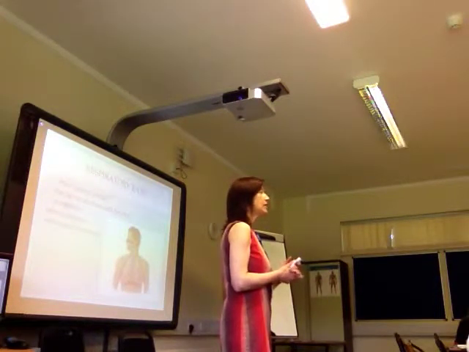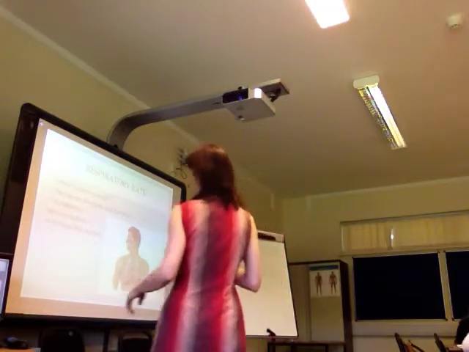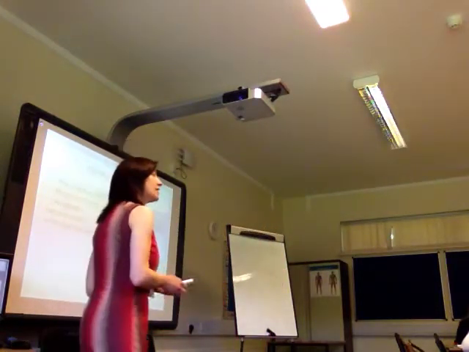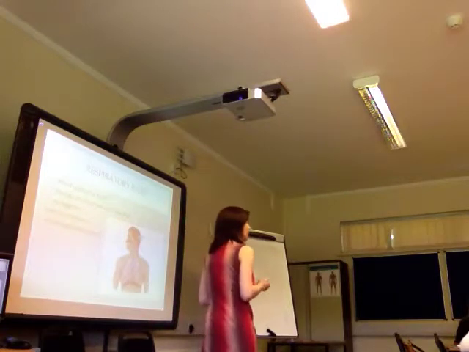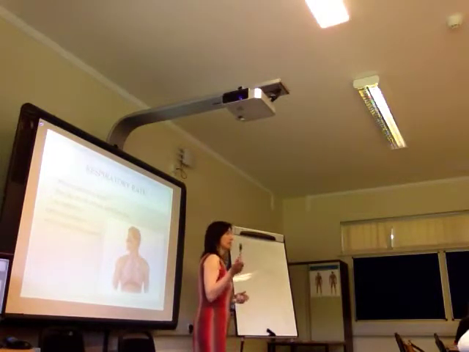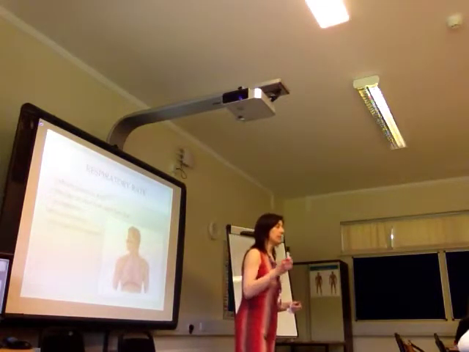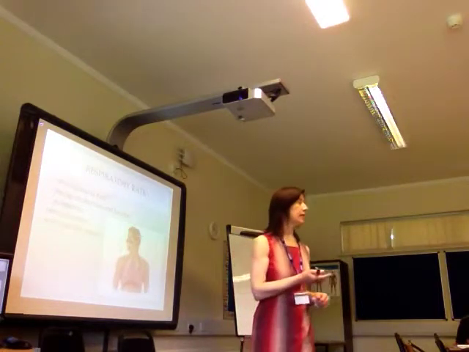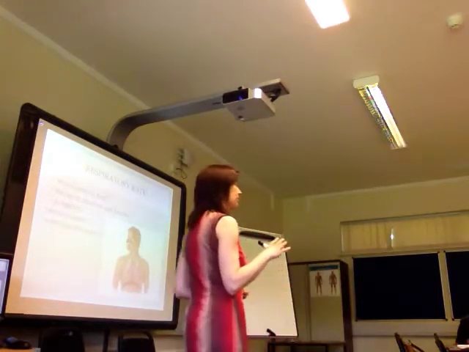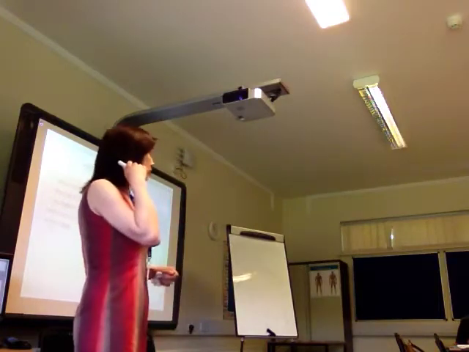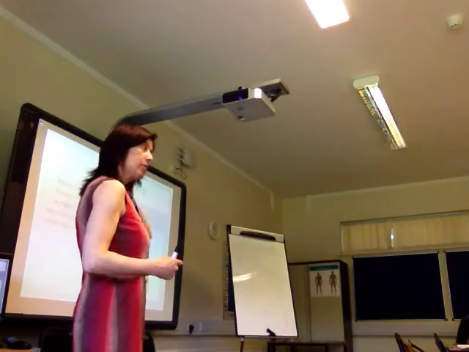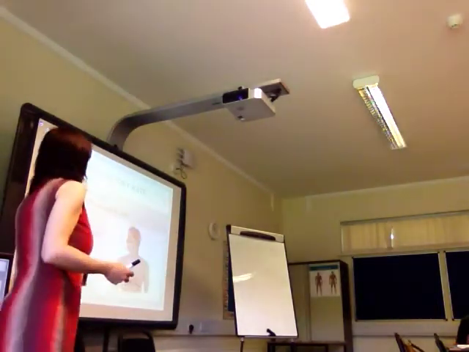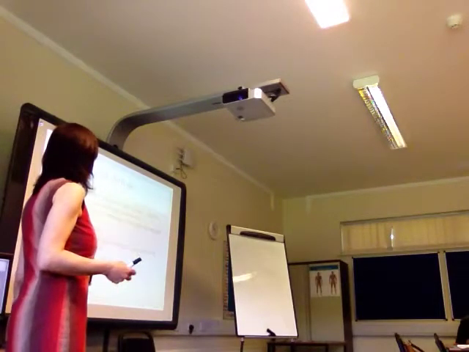Which bit of your brain did we say controls your autonomic nervous system? Medulla, thanks Sophie, your medulla. So already we're getting an idea of what's involved in this. Autonomic nervous system, sympathetic, parasympathetic, speed up, slow down, controlled by the medulla, at the bottom of your brain, linked to your respiratory system.